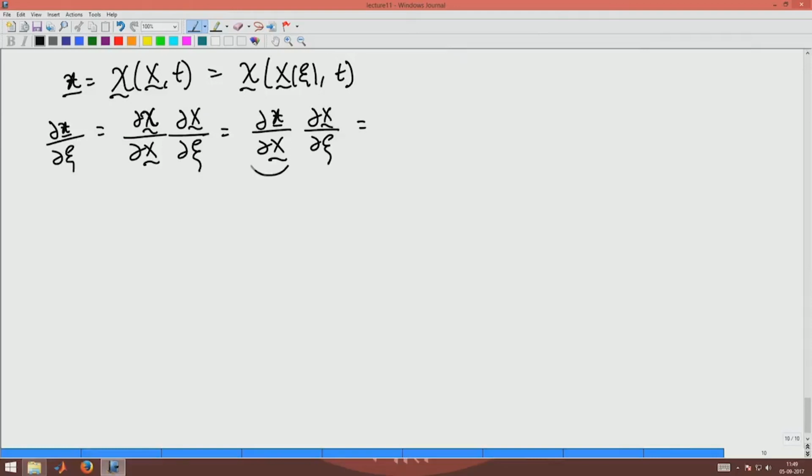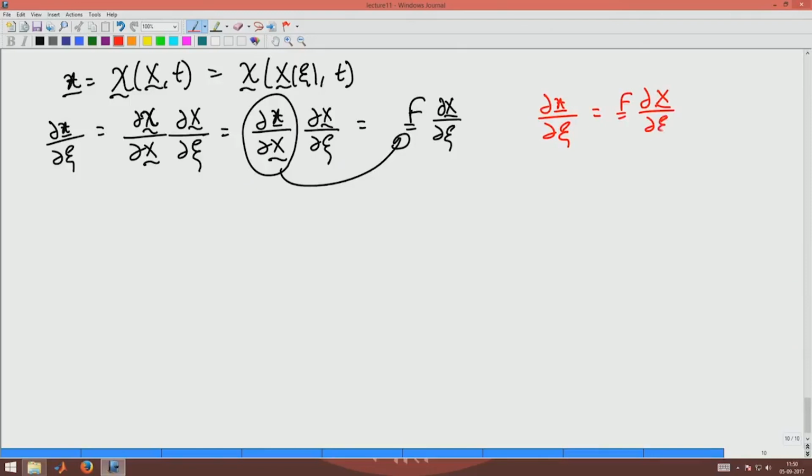This quantity dou x by dou X is nothing but your deformation gradient F. So, what we have is the following relationship: dou x by dou psi is equal to F times dou X by dou psi. What this means is, it gives you the meaning of F.